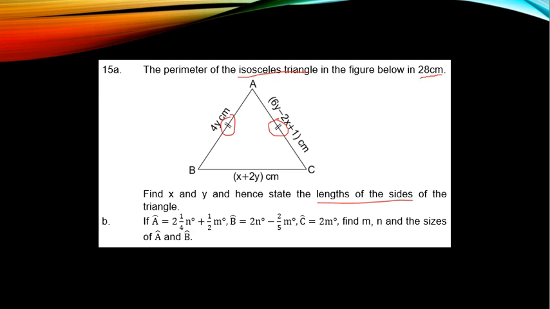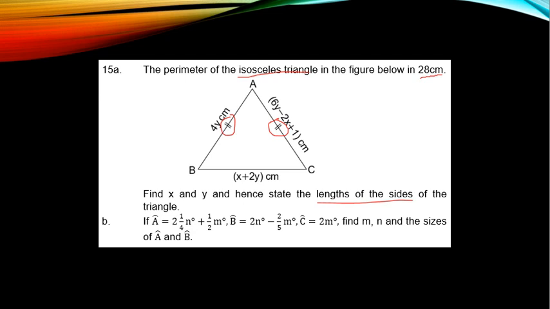The two sides can be equated, and that will give us one equation. Then the perimeter is 28, and perimeter is the addition of all the sides. So if you add all the sides equal to 28, you get the second equation.